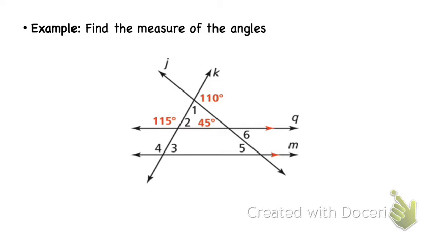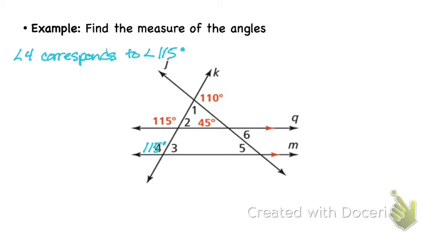We can find all of them, and in class we found all of them, but on here I'm just going to find the ones we have listed. I know 4 is 115 because angle 4 corresponds to angle 115.